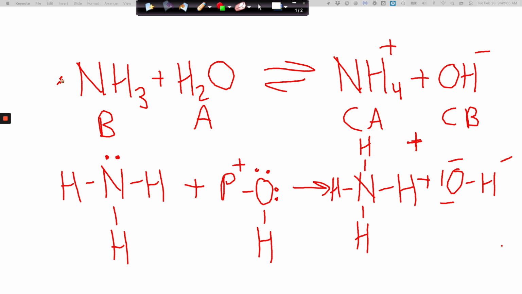We touched on this a little bit last time. But guys, what happens is this proton, this hydrogen nuclei from the water actually globs on to these electrons right here. Guys, that's how this happens.